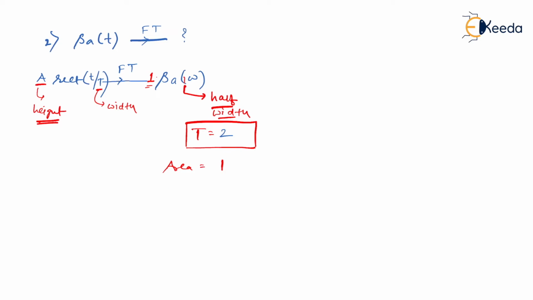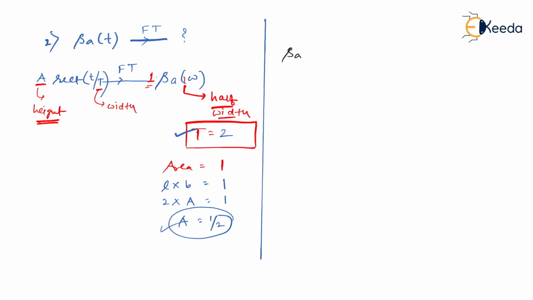So the area of the rectangle is nothing but L into B, and that should become 1. Where length means the width, which is 2. B is nothing but your height, that is A, and that should be equal to 1. So A becomes 1 by 2. So finally, the value of A and the value of T are known to me. So I can now write that sampling of omega has an inverse Fourier transform.